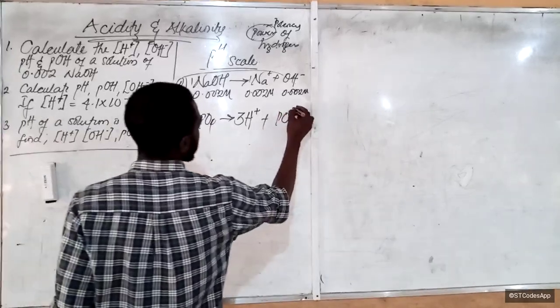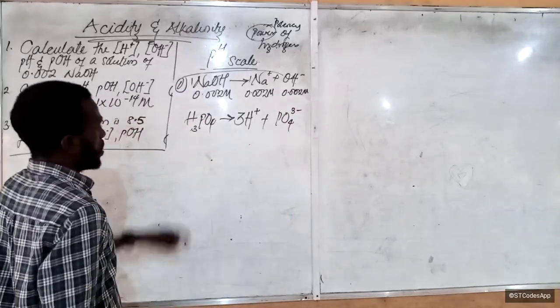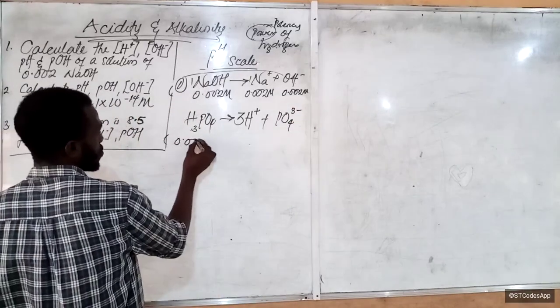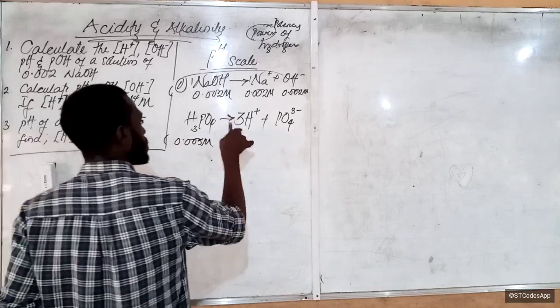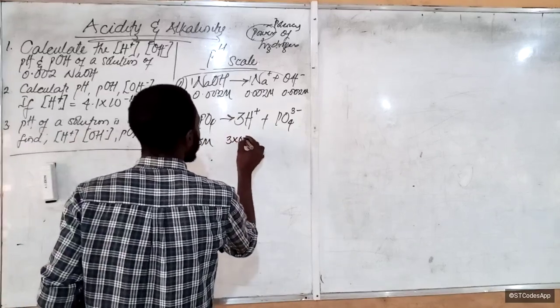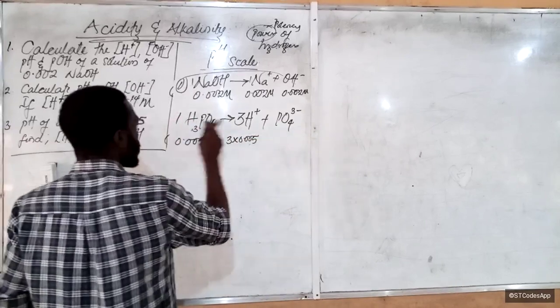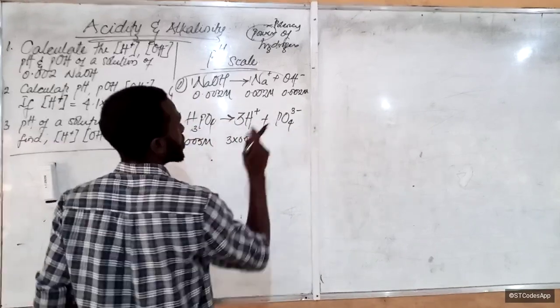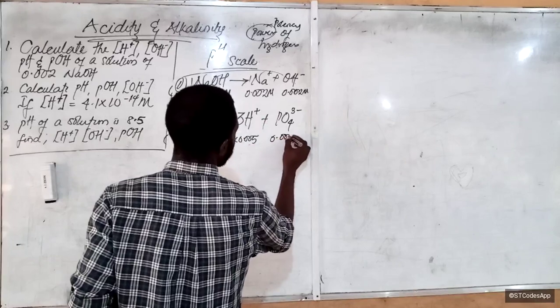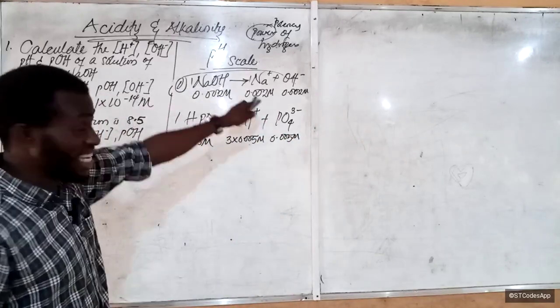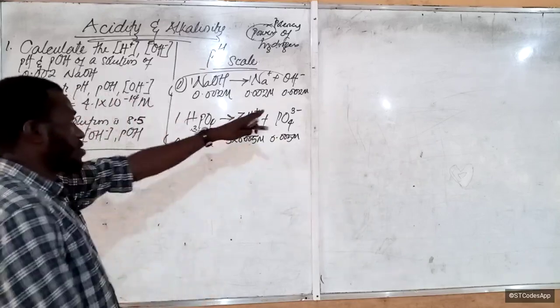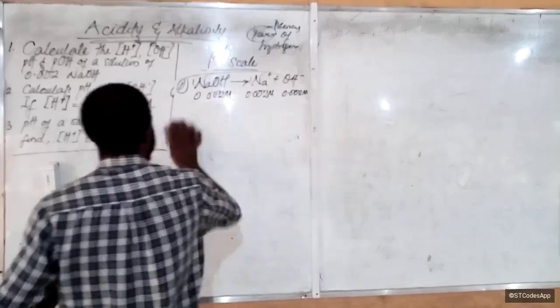So if I have like 0.05 molar, for example, of this guy, then it means that on this place it's going to be 3 times 0.05, because it's ratio 1, ratio 3, ratio 1. Is that okay? Why here I have 0.05 molar? Is that okay? So that is the essence of the ionization here. So seeing that nothing is changing here, we'll just go on to solving it directly.